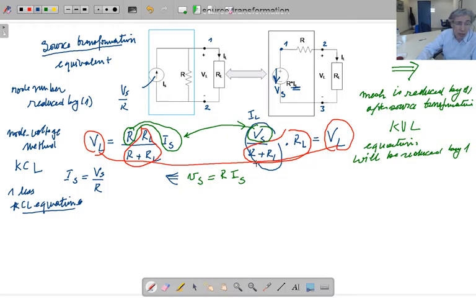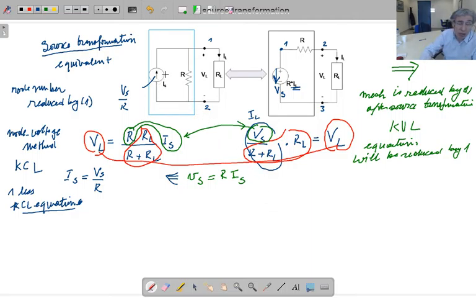The other thing is, up to now, in the equivalencies that we dealt with, the final element type is the same as the original elements. When we said serially connected resistors, the equivalent resistor is another resistor. So the equivalent element is also a resistor. But in here, the topology and the element types are changing.